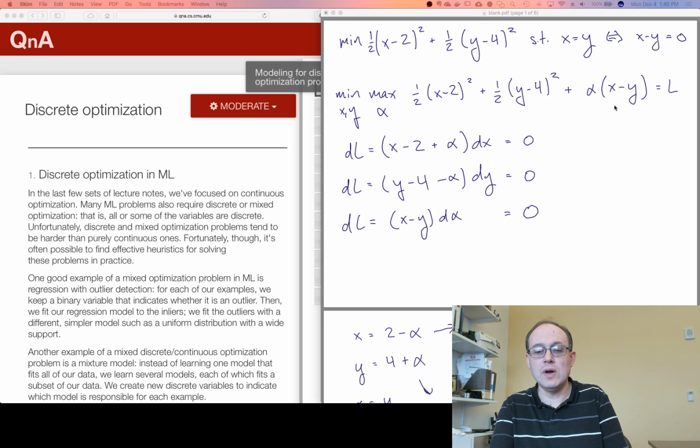As long as, let's say, x is 1 bigger than y, and we let alpha be 1 billion, then this term effectively doesn't matter. The xy player is going to totally ignore this term and just be really unhappy about this term. And so the x minus y player is going to say, well, I better not set x equals y plus 1. Effectively the alpha player can make this objective arbitrarily large in this case.